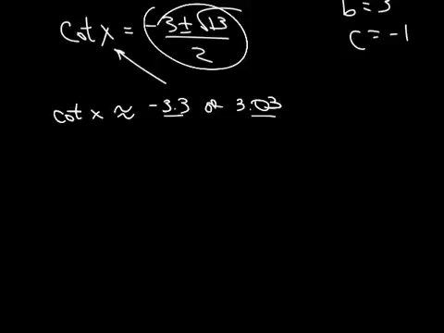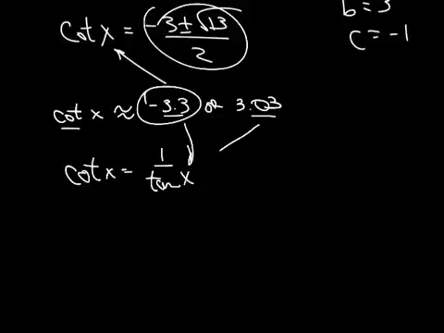So because my calculator won't do cotangent, my cotangent of x is going to equal 1 over the tangent of x. So I can just plug these in here and get my two answers for what my x value is actually equal to, and I will get an x value of some crazy decimal. But that's it for that one. So let's look at example 5 and then we'll be done.